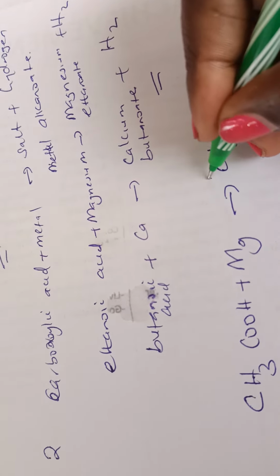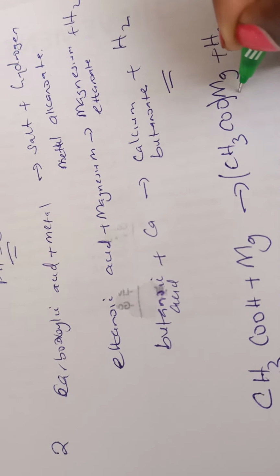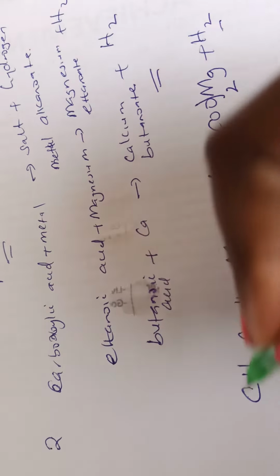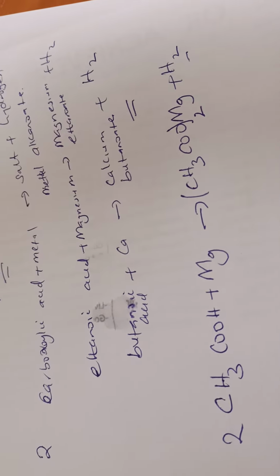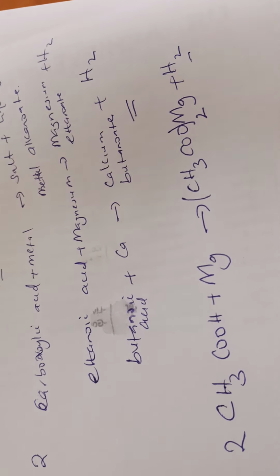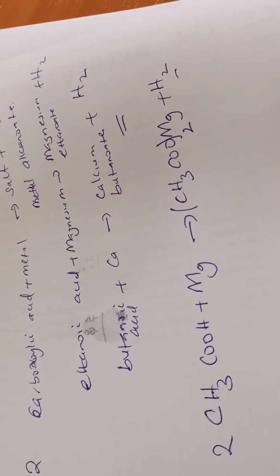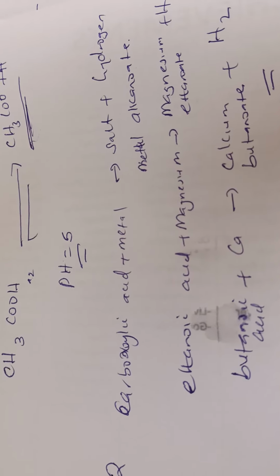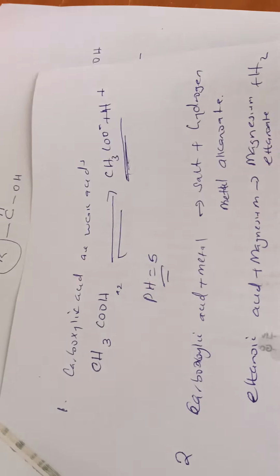And because magnesium has a valency of 2, we put 2 here, and here again we have 2 to make it balanced. That is the reaction between ethanoic acid and magnesium to get magnesium ethanoate plus hydrogen. So in general we say alkanoic acid plus a metal gives metal alkanoate plus hydrogen gas.